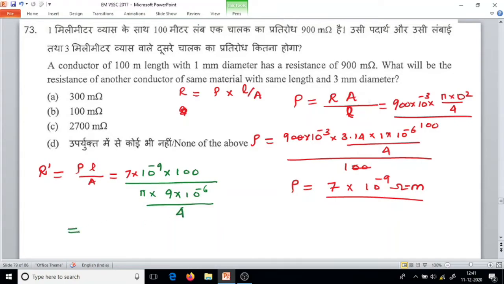Okay, now if we simplify this, this minus 6 and this cancel, and here will be 10 to the power minus 3.